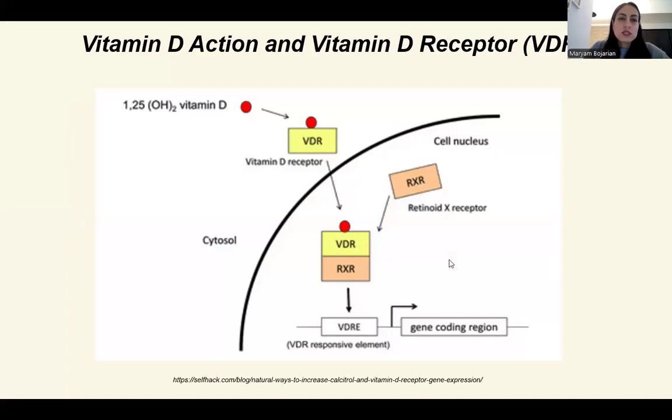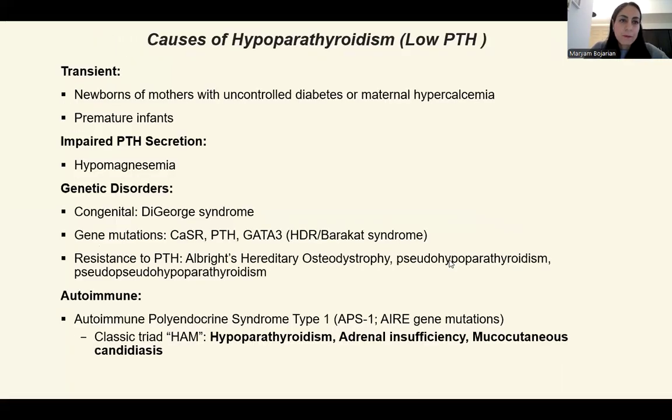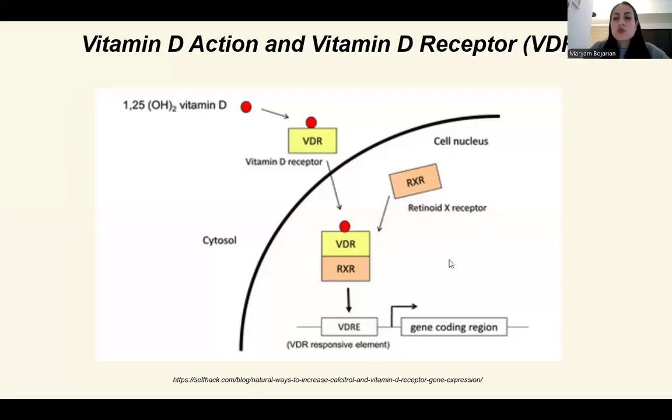So regarding vitamin D action: vitamin D works not just by circulating in the blood, but by binding to a specific nuclear receptor inside target cells. This receptor is called the vitamin D receptor and is encoded by the VDR gene. And what activates the vitamin D receptor?